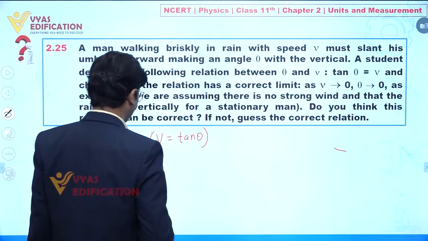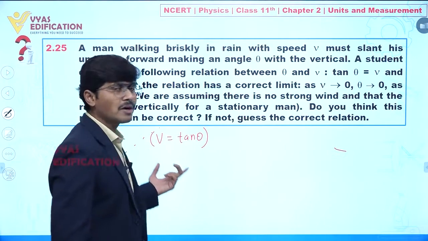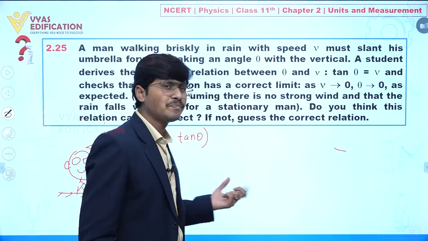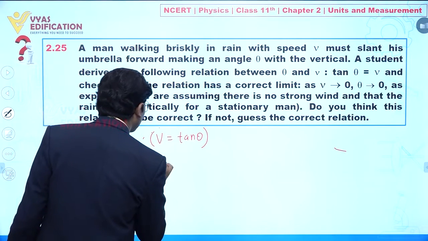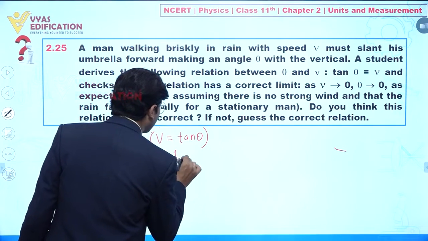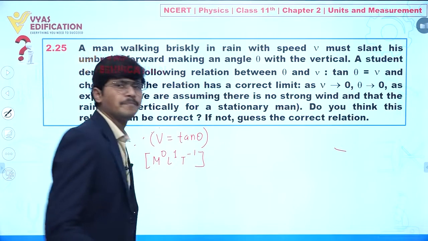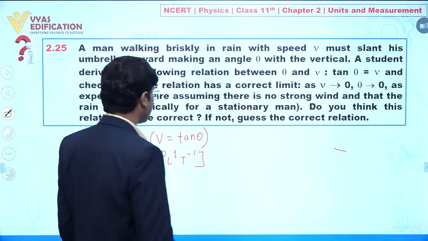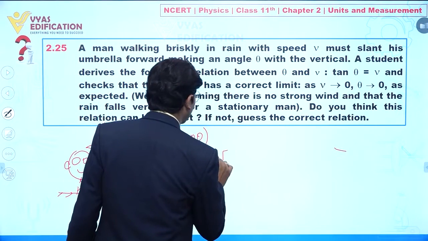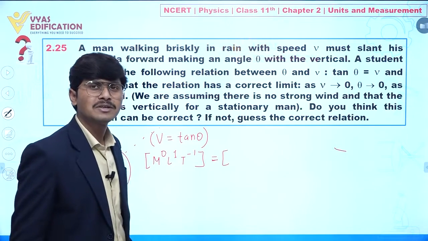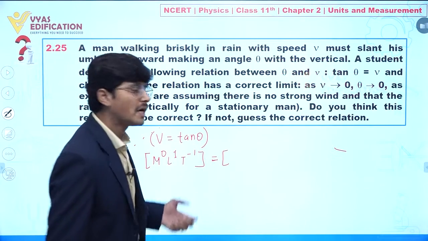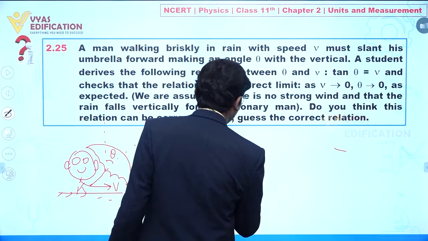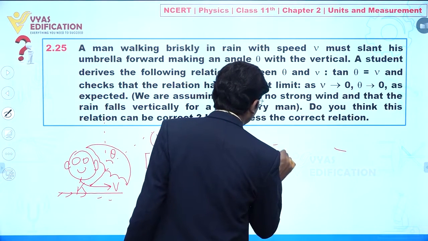Now listen carefully, if we talk about left hand side and right hand side, in left hand side we have dimensional formula M0 L1 T minus 1, clear, and what about dimensional formula of tan theta, because this is trigonometry ratio, and in trigonometry ratio we can say this is M0 L0 T0, clear.